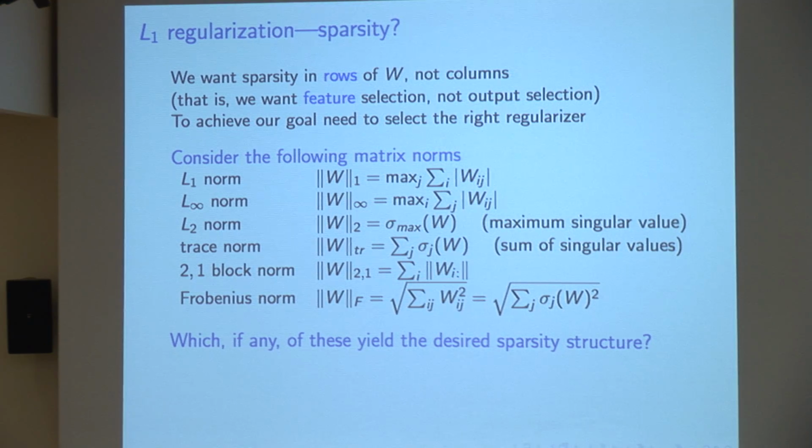Now, we have to be organized about this. The matrix is not symmetric, right? One way it's features, the other way it's outputs. So if we want to impose a penalty on this matrix to do something like feature selection, we're going to have to find a way to measure the magnitude of the weight matrix that accordingly favors zeroed out rows, not zeroed out columns, for example.